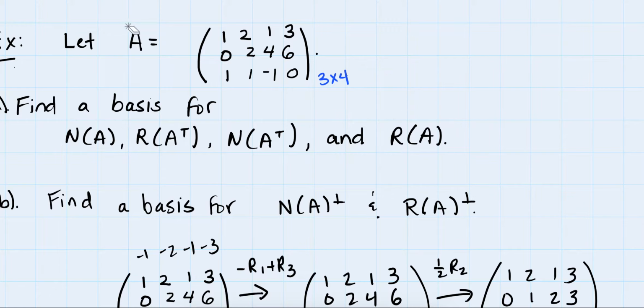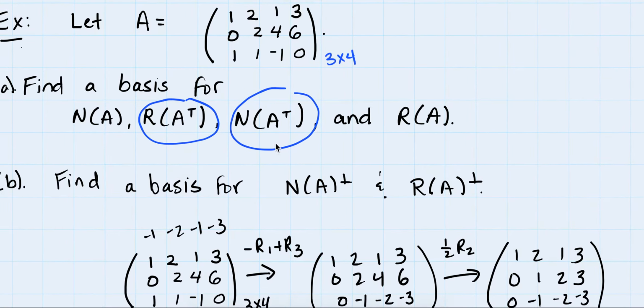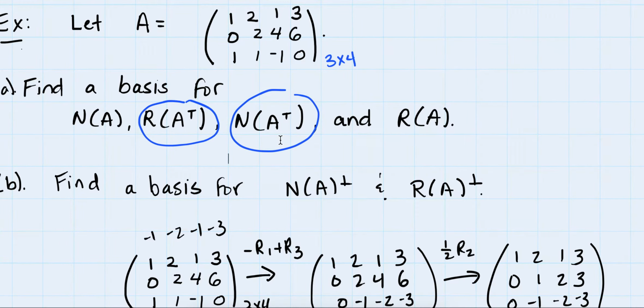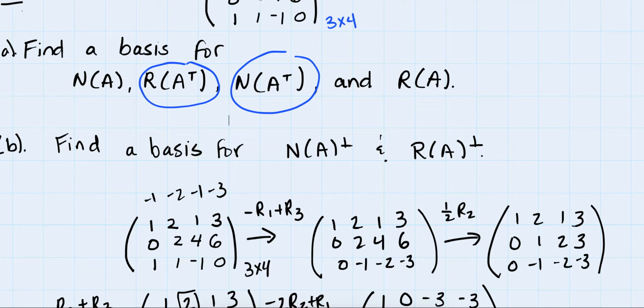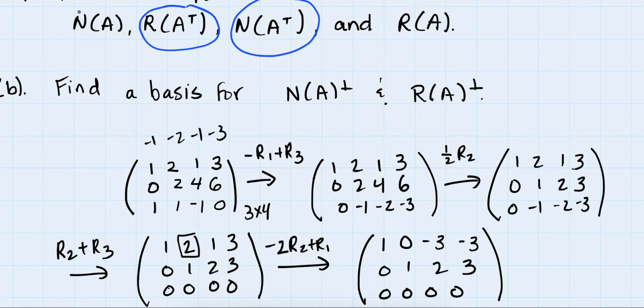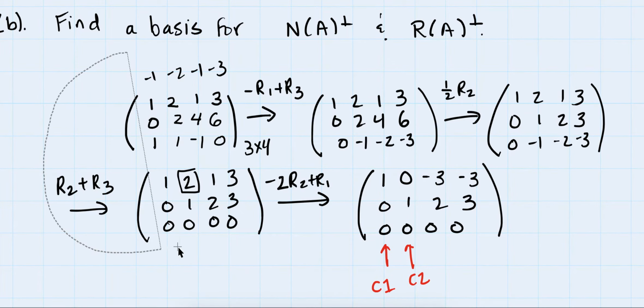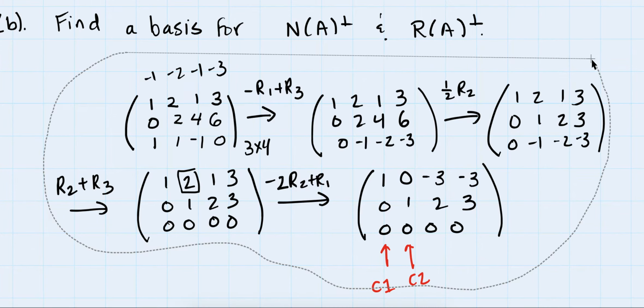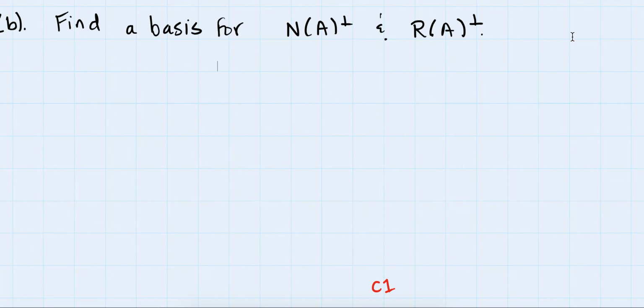Now we want to find the range of the transpose and the null space of the transpose, which is going to be basically the same thing. We just take the transpose of the matrix and we get that in reduced row echelon form. So let's erase all of this where we got this in reduced row echelon form because we need to take the transpose of that matrix.